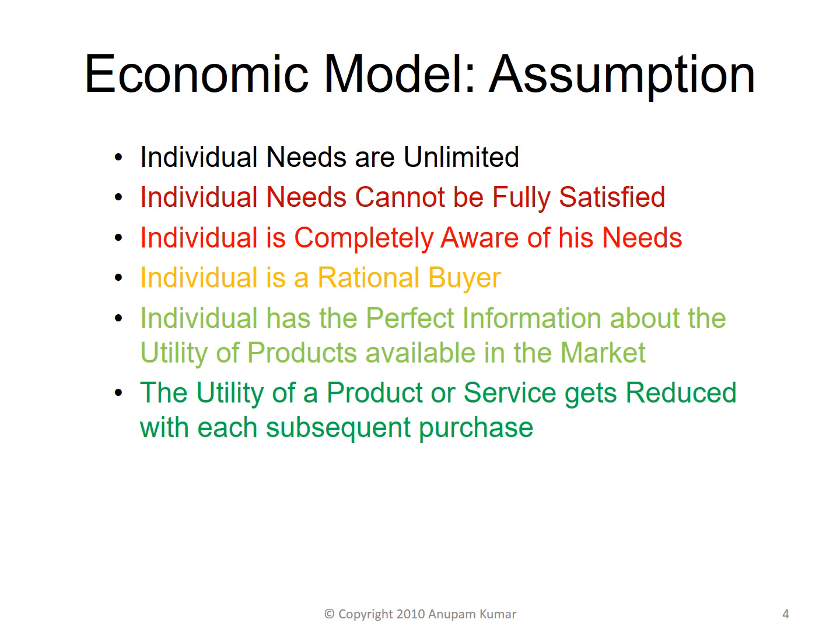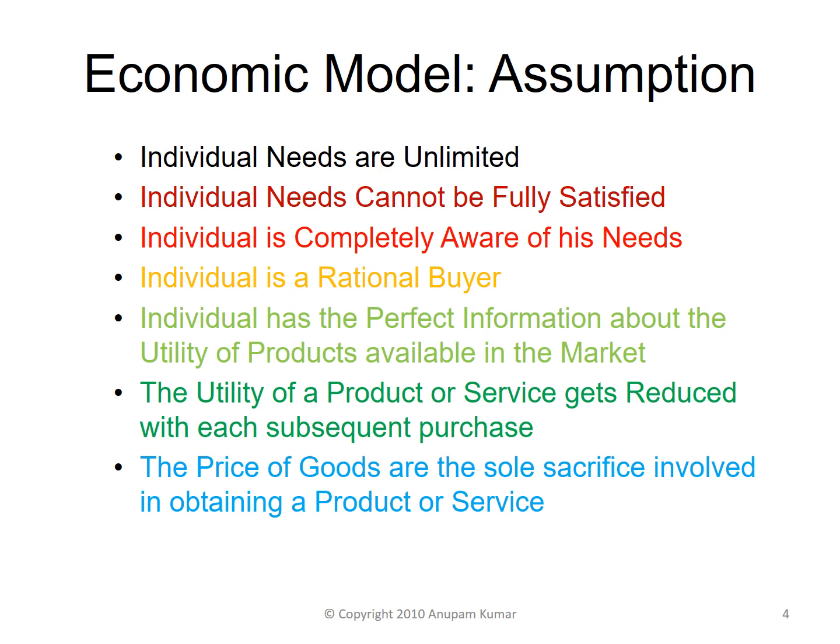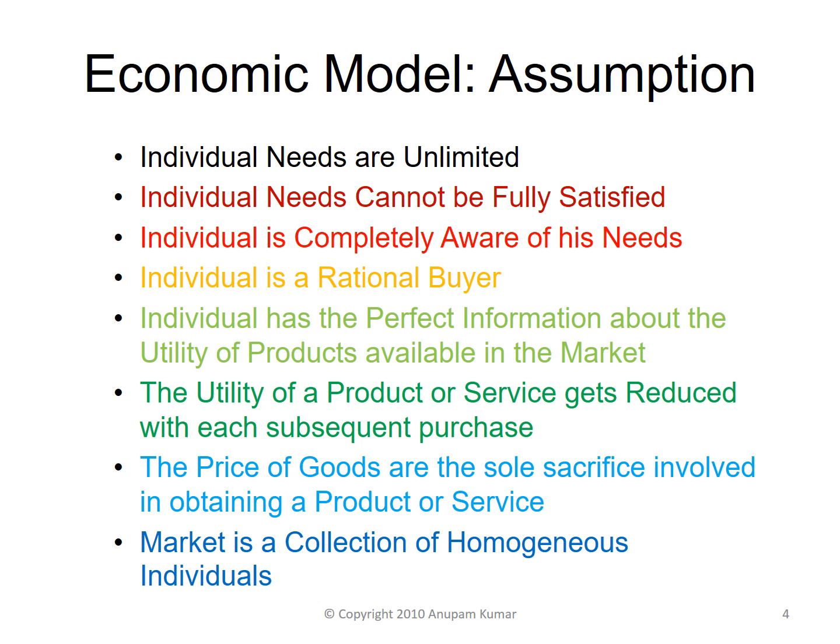The utility of a product or service gets reduced for the individual with each subsequent purchase. The price of goods are the sole sacrifice involved in obtaining a product or service by the individual. And finally, the market is a collection of homogeneous individuals.